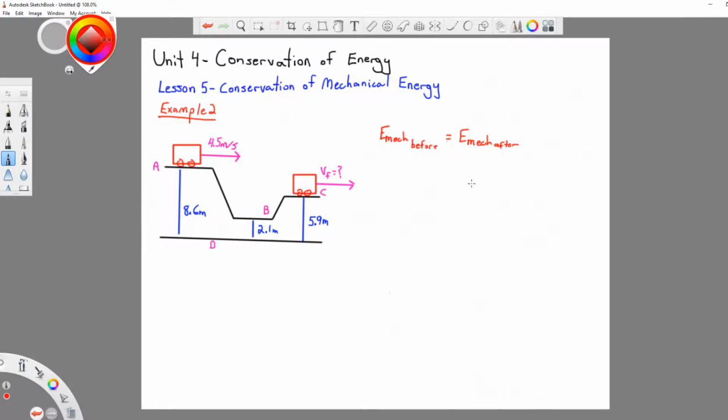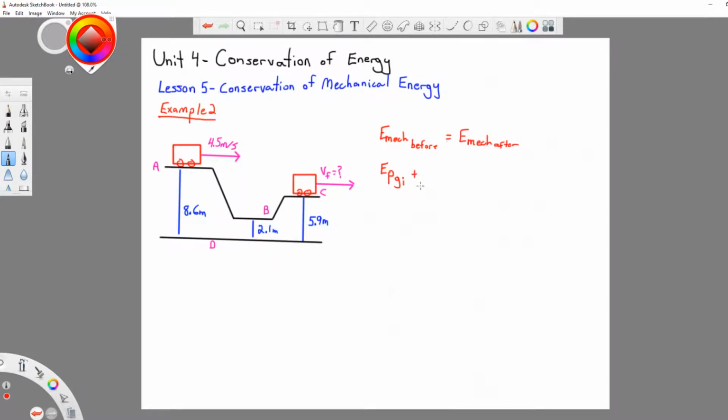Okay. Well, what types of energy does this cart have? This cart is 8.6 meters above the ground, so it's going to have some potential energy. It also has an initial velocity. There's no springs at play though, so to account for the height, we're going to have some potential energy due to gravity initial.